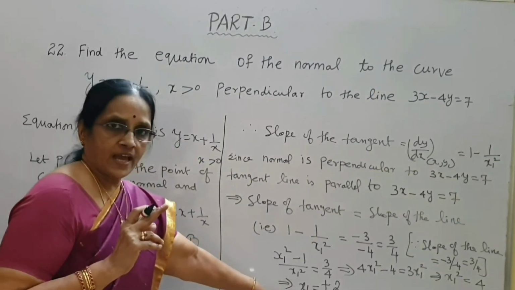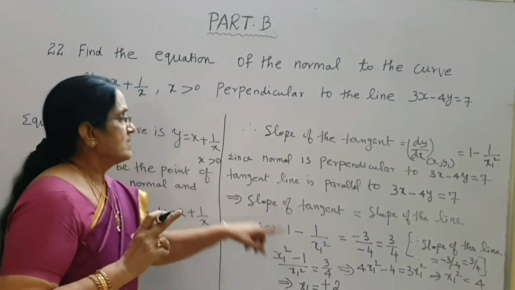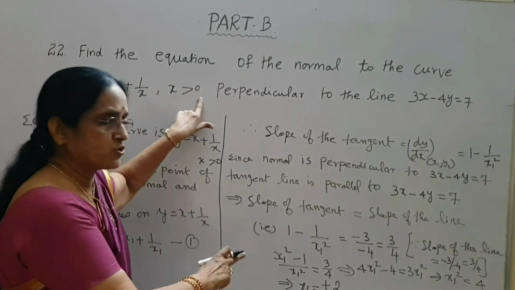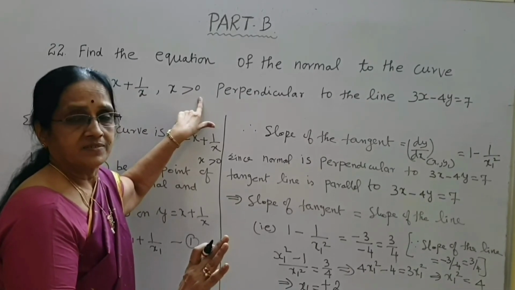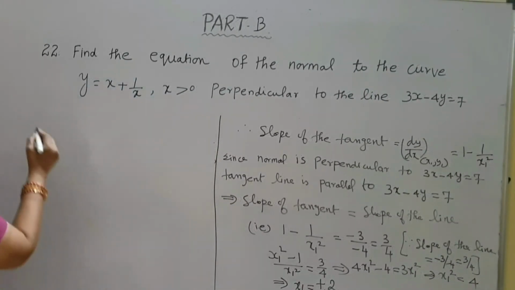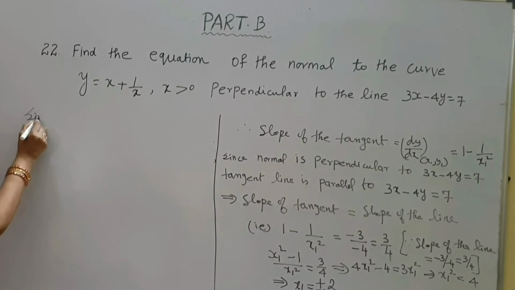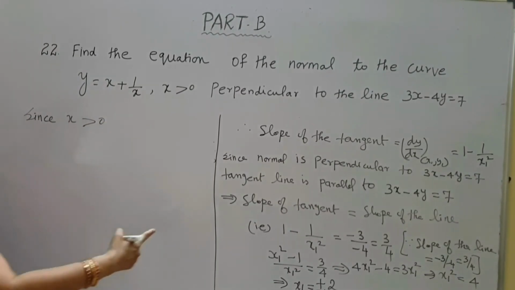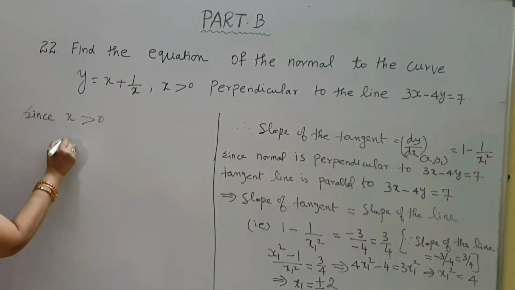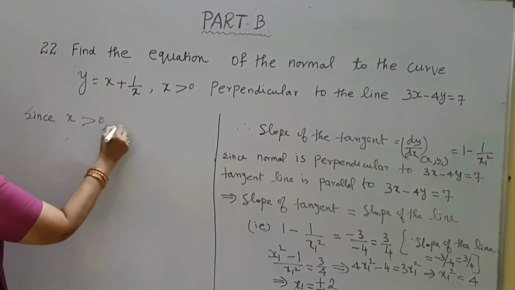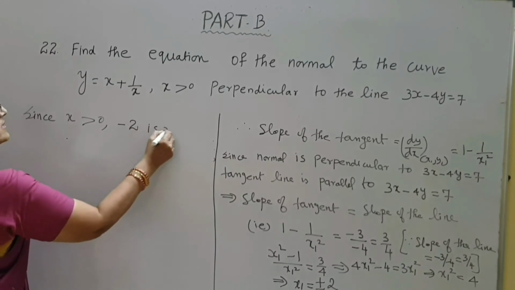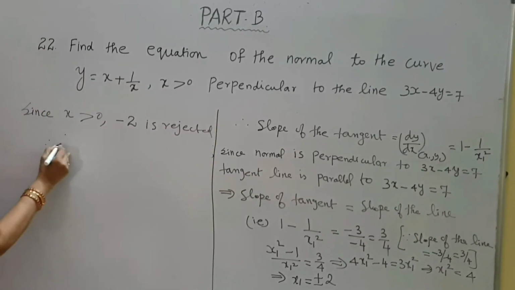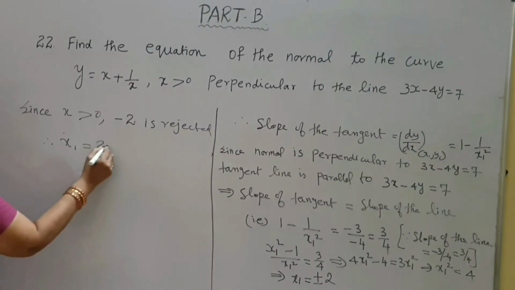Now you have to be very careful. It is given x is greater than 0. So the negative value should be rejected. So you need to write, since x is greater than 0, you know that minus 2 is rejected. Therefore, x1 equal to 2.